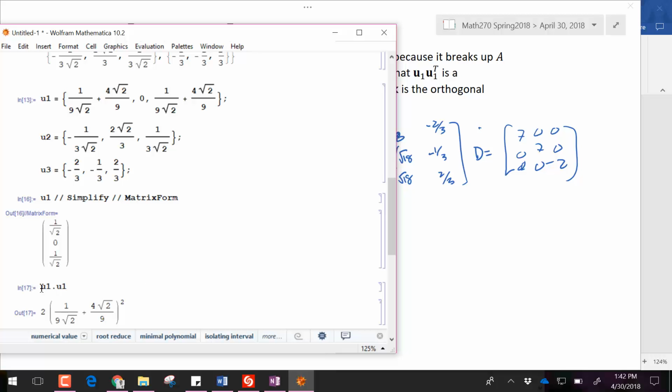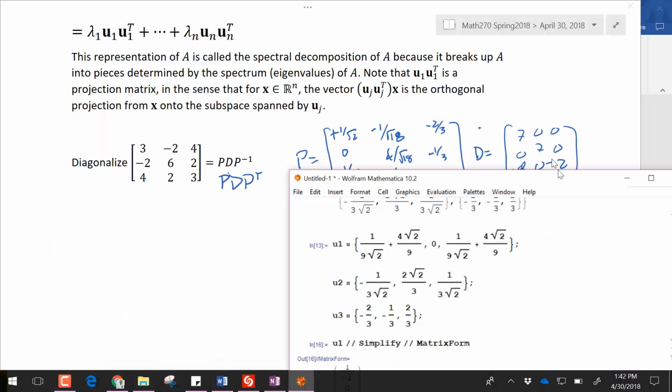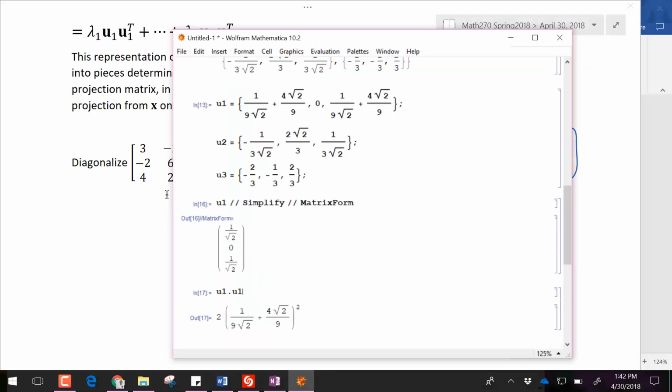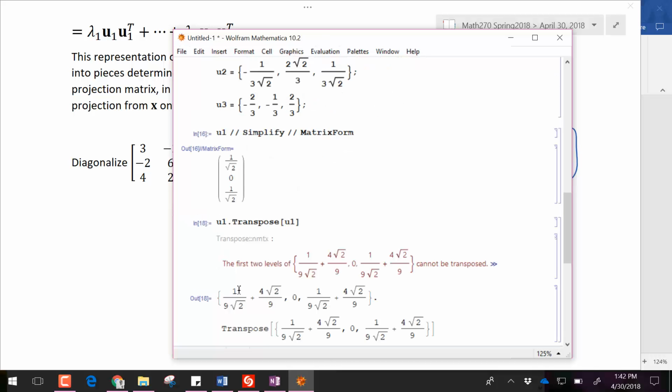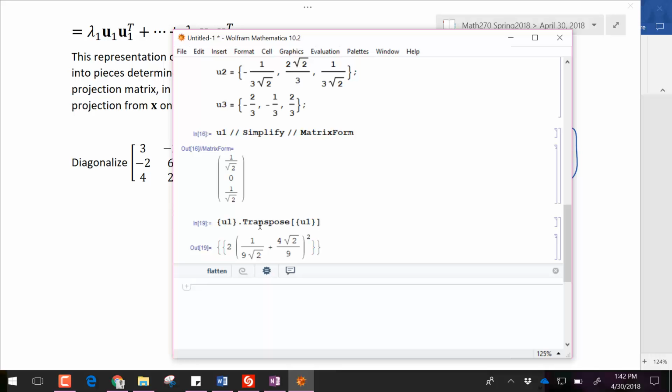But if we take the transpose of the second one, oh, I need to make this into a matrix.